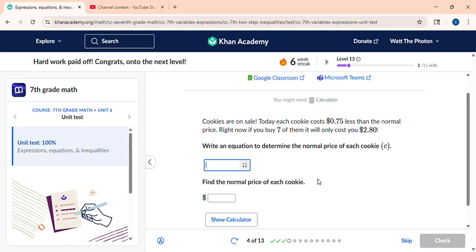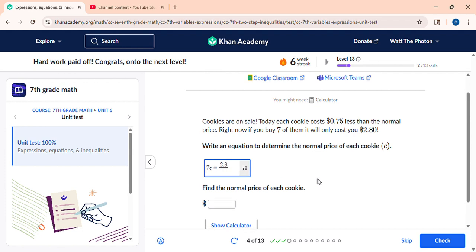If you buy 7, they only cost you... So if you have 7 cookies, 7 cookies is equal to 2.8 divided by 7 plus 0.75. So a cookie normally costs $1.